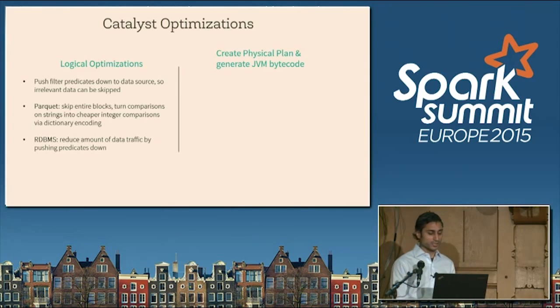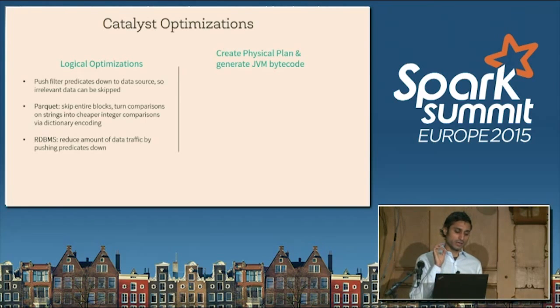This is pretty cool because if you're reading from data sources like JDBC or Cassandra, instead of doing a full intake of the data from JDBC, a full read of that table from Cassandra, you're going to push your filter all the way down to the data source and let the relational database or the NoSQL database do the filtering for you and then just give you back some subset of its data.